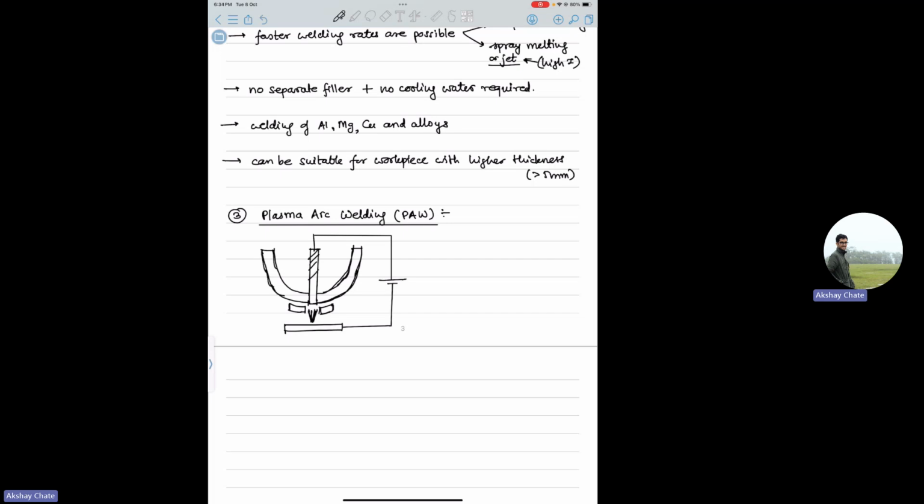So this is your tungsten electrode, and this is your ceramic nozzle, and here you supply plasma. So maybe I'll use another color.